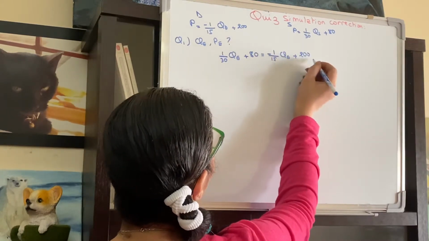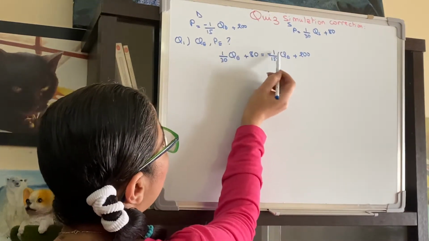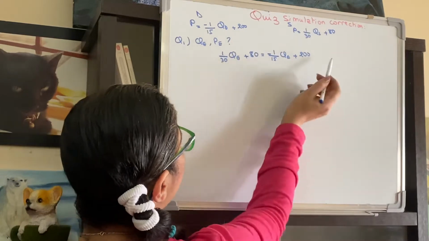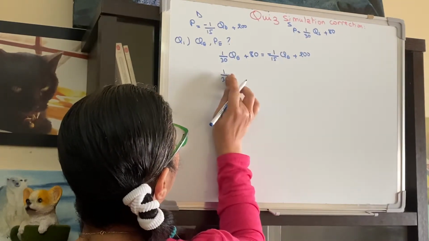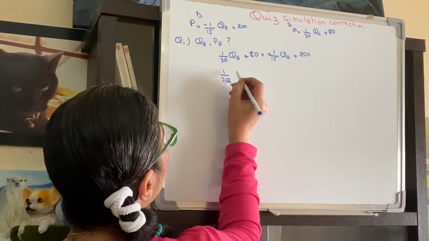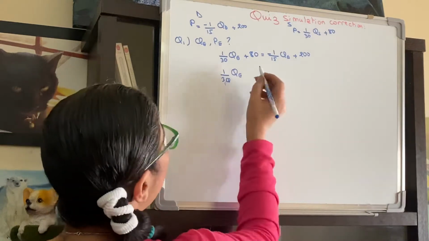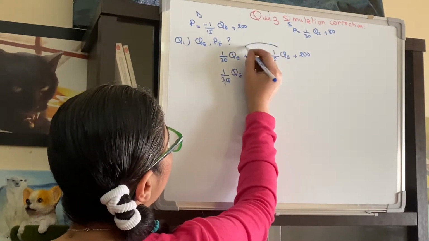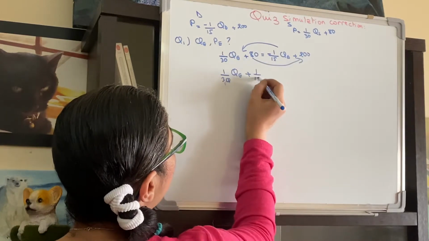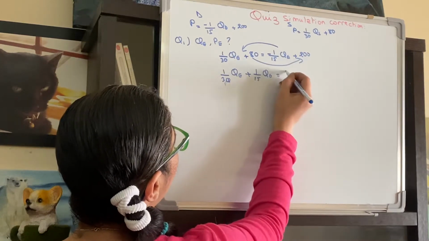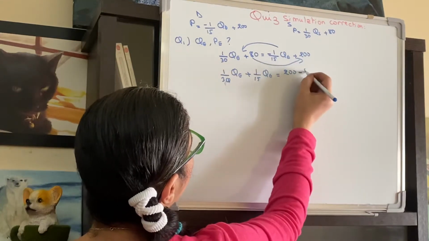Okay, so I'm going to keep the 200 here. I'm going to move the one with QE over here and then the other number. So 1 over 30 QE plus 1 over 15 QE is equal to 200 minus 80.